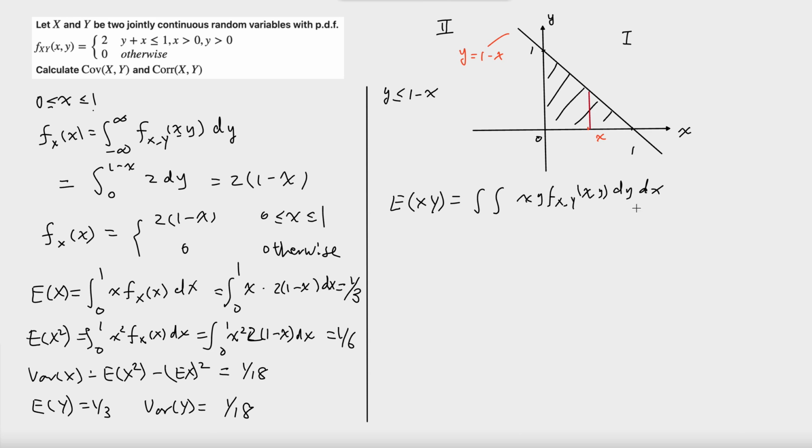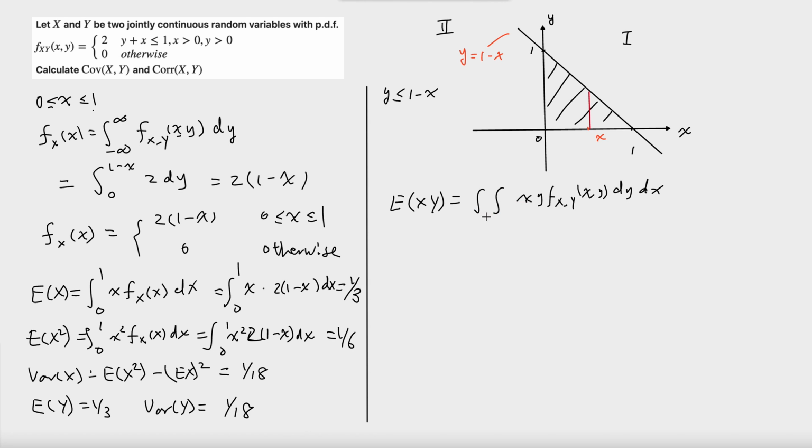The order here doesn't matter. Since the joint density is equal to 2 in this region and 0 outside of this region, we can just integrate in this region. In this region, X ranges from 0 to 1 in the outside integral.